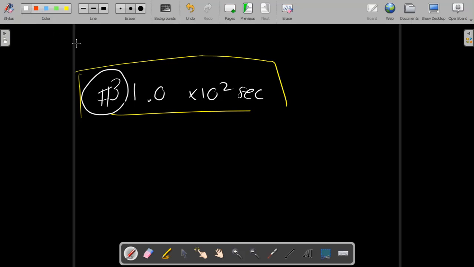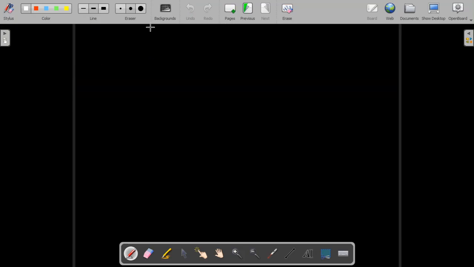So let me get these on another page. Okay, let's see. The problem reads like this. A runner's average velocity over a race of 600 meters is 0.61 meters per second.